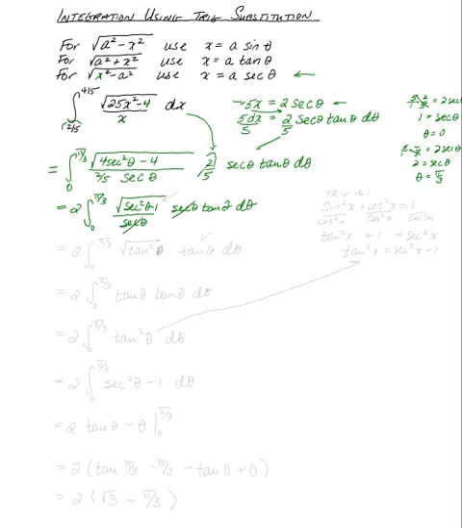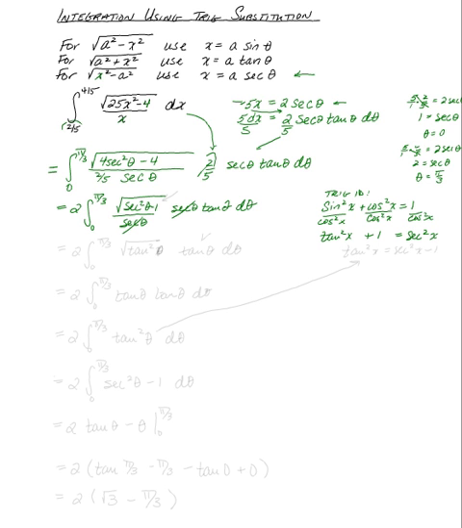Now let's go back to our Pythagorean identity. Sine squared of x plus cosine squared of x is equal to 1. That's one of our trigonometric identities. I need the secant in there, so to get the secant, I divide by cosine squared of x all the way across. That gives me tangent squared of x plus 1 is equal to the secant squared of x.